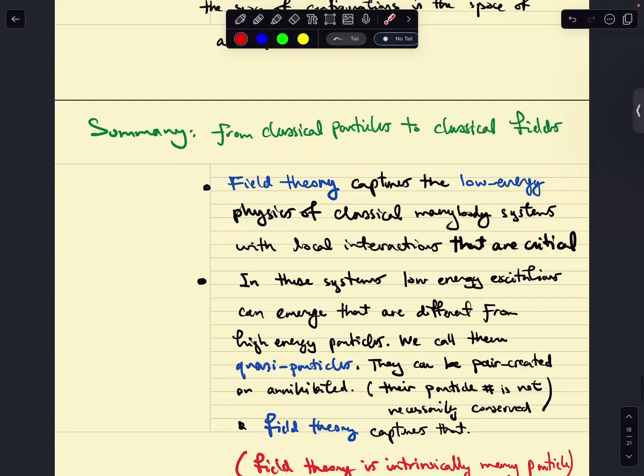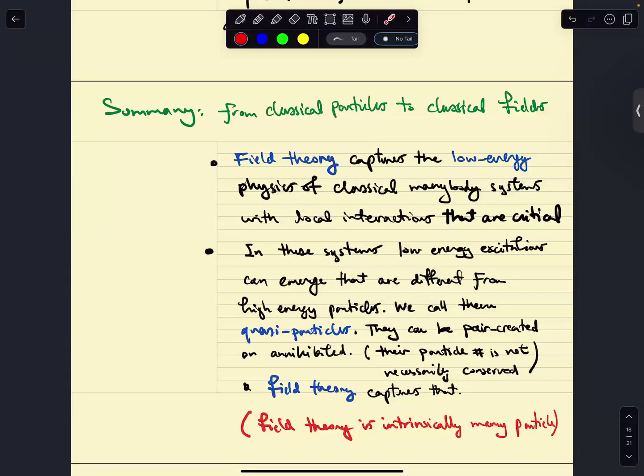All right. So let me summarize. Today, what I tried to do at some high level is to just describe for you how to go from classical particles to classical fields. We saw that field theories capture the low energy physics of classical many-body systems with local interactions when they go critical.